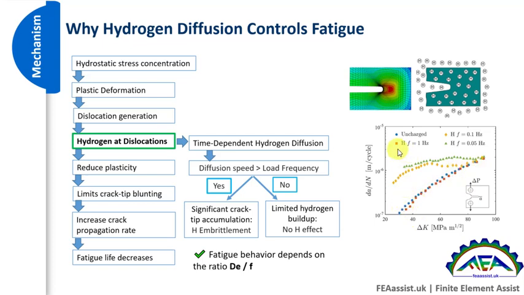You can see that if the cyclic loading frequency is very large, then we will not have any hydrogen effect at high frequencies. But at low frequencies, we will see increased crack propagation rate and decreased fatigue life. This is the hydrogen effect. These beautiful experimental results can help us to understand the mechanisms behind hydrogen effects.